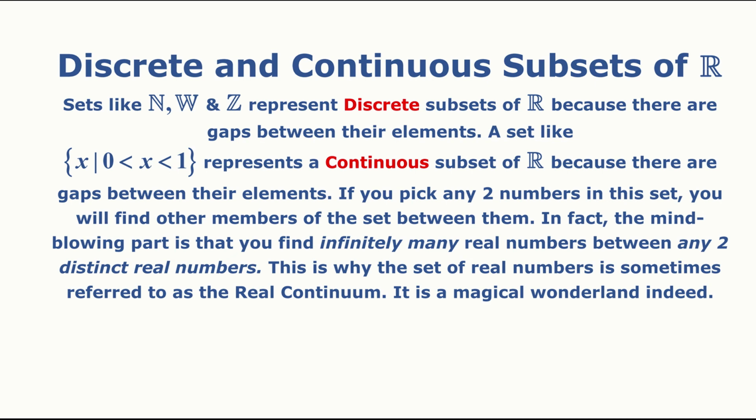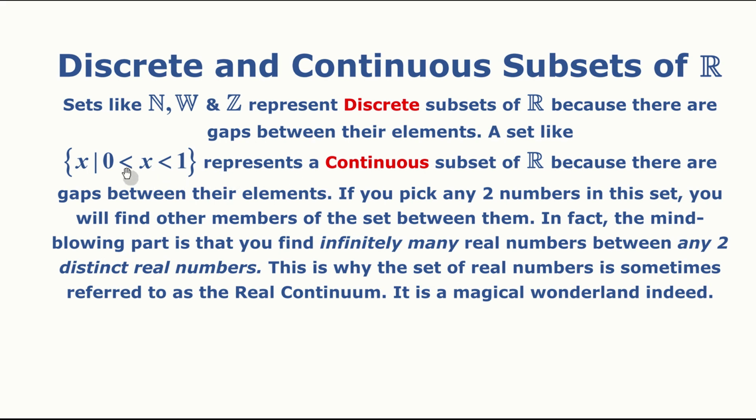So that kind of set where there are gaps between the elements of that set, that's considered a discrete subset of the set of real numbers. And then there are some subsets of the set of real numbers, such as this one, the set of all basically numbers between 0 and 1, like this.